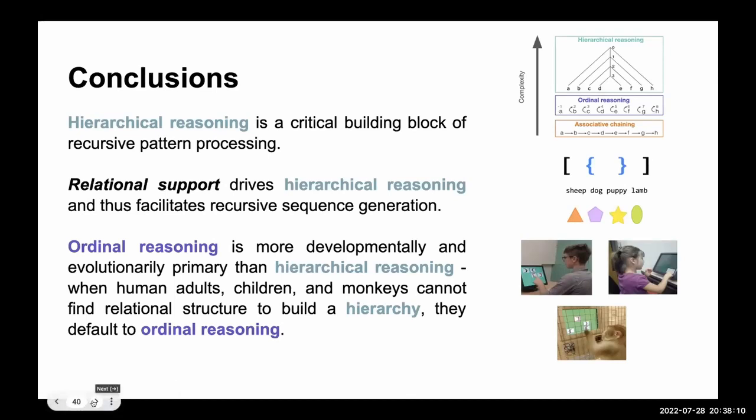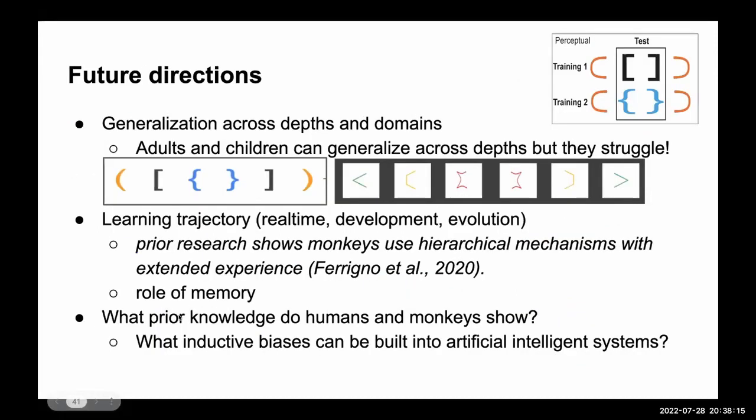Going ahead, what are some unresolved questions or future directions which we are exploring? In this case, of course, there were only 4 items, or only one depth of embedding. But to truly test the generalizability of this ability, we are seeing whether participants can generalize to novel depths, larger depths than what they've seen before.